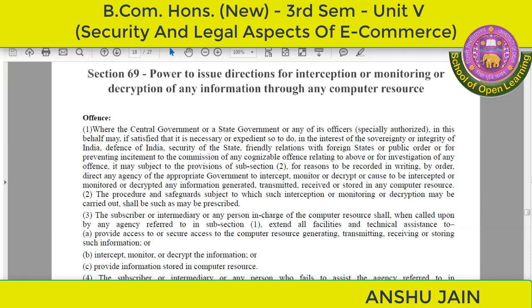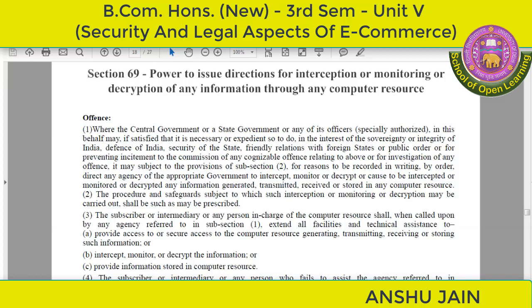Cryptography is a common procedure in which two procedures are there. One is encryption and the second one is decryption. Now Section 69 is talking of decryption.